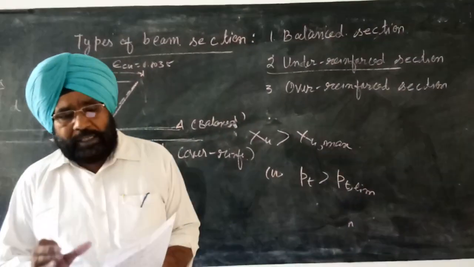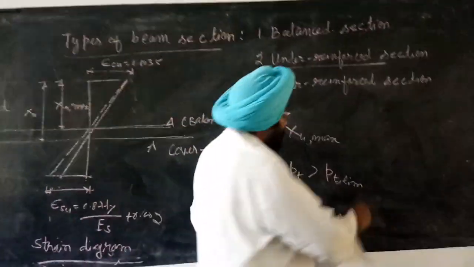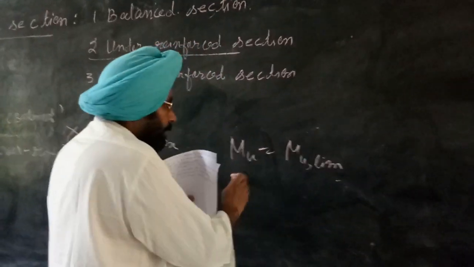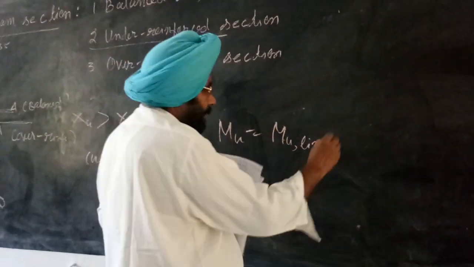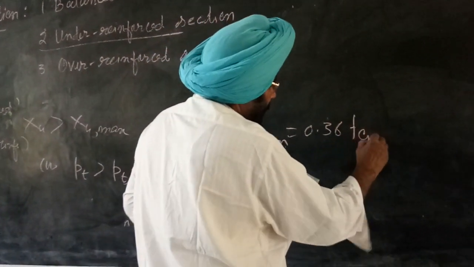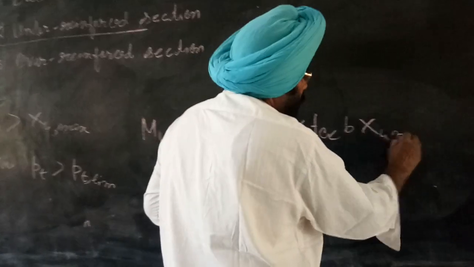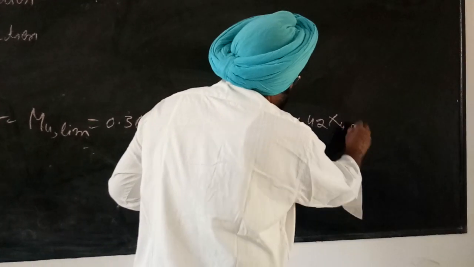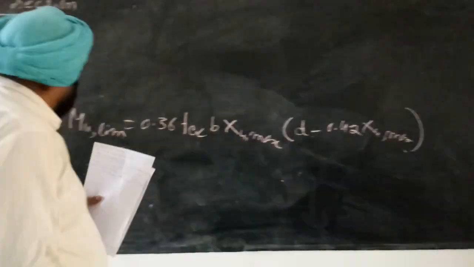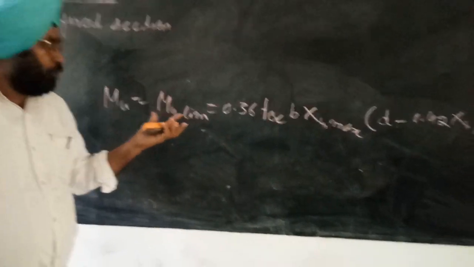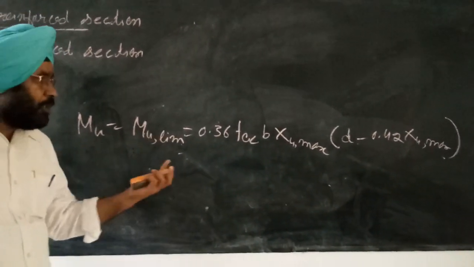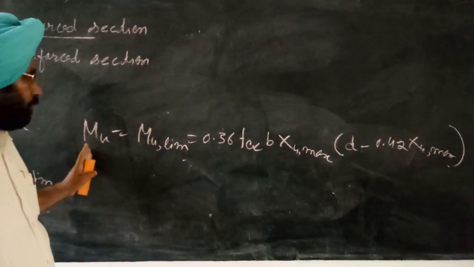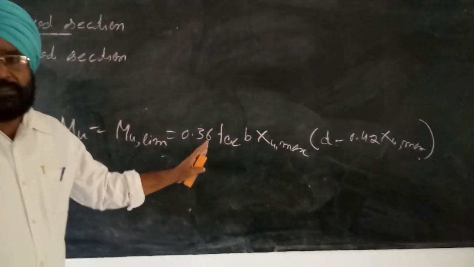The moment of resistance of the section is limited to the maximum moment of resistance, that is 0.36 fck b into xu max into d minus 0.42 xu max. So the equation for the moment of resistance for balanced section is used for the over reinforced section. That is, the moment of resistance of the section in over reinforced section is limited to limiting moment of resistance. Thank you.